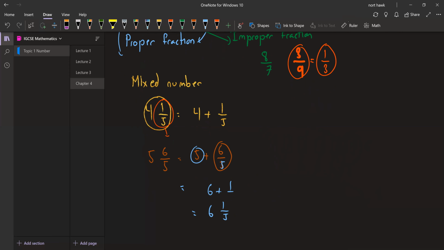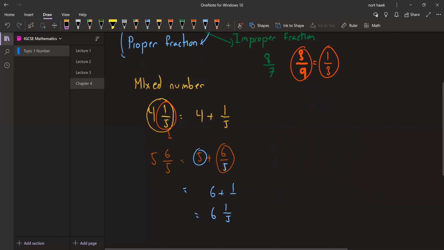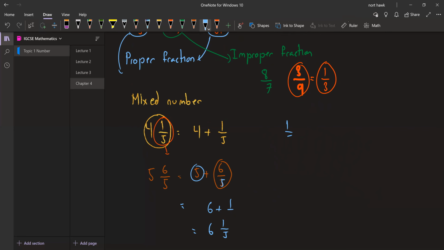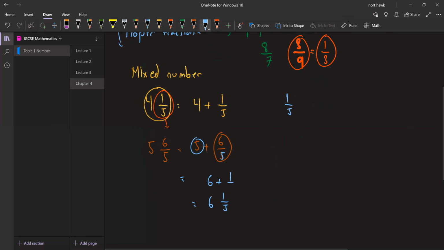Now, to find a fraction, let's say 1/5. Since it's divided into 5 equal parts, but only one place has been taken, it can also be written as a percentage.